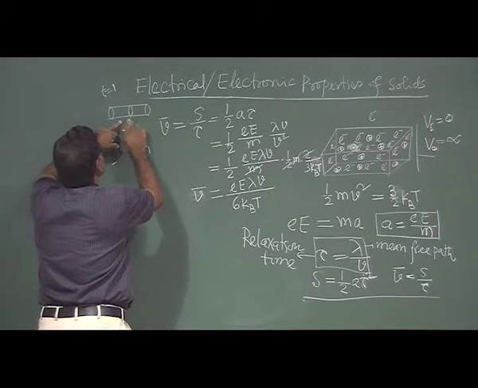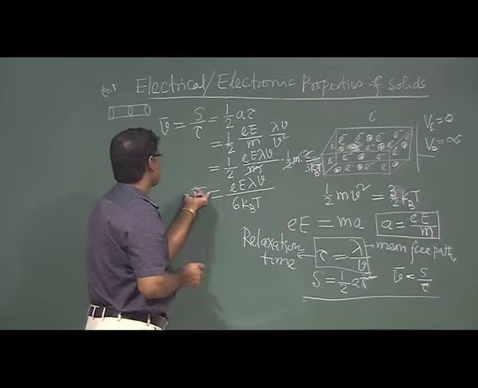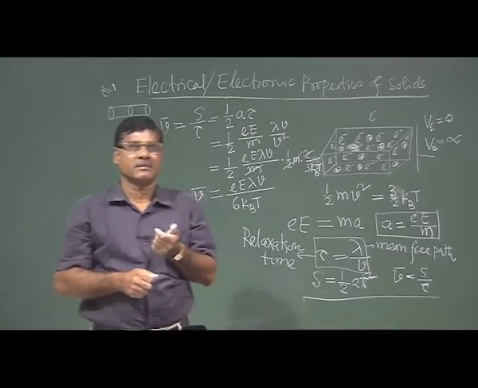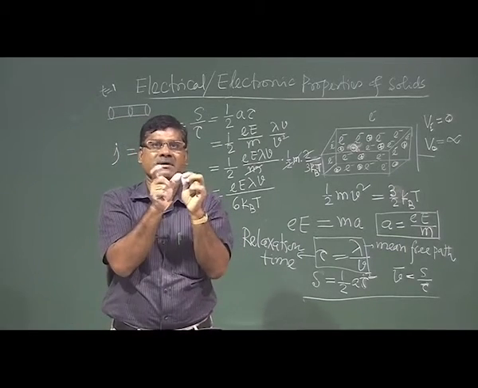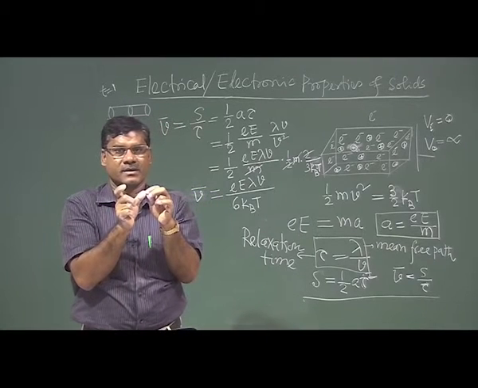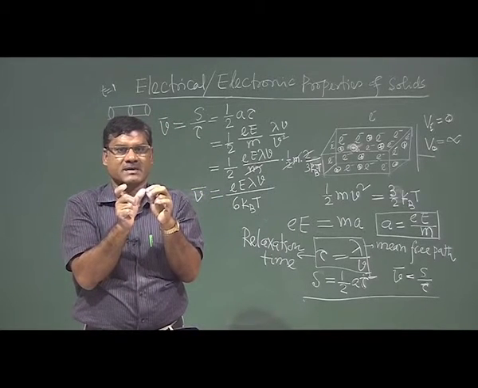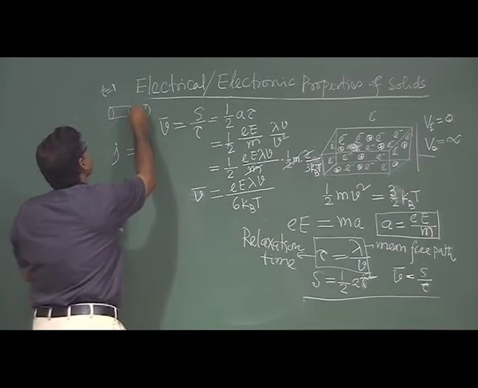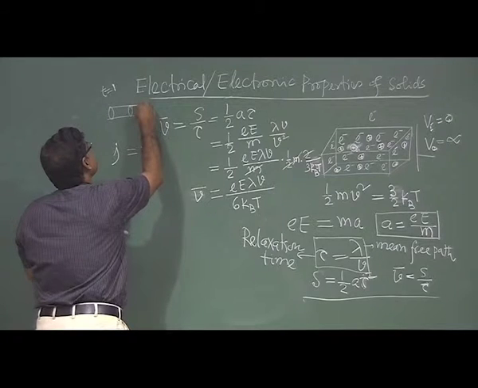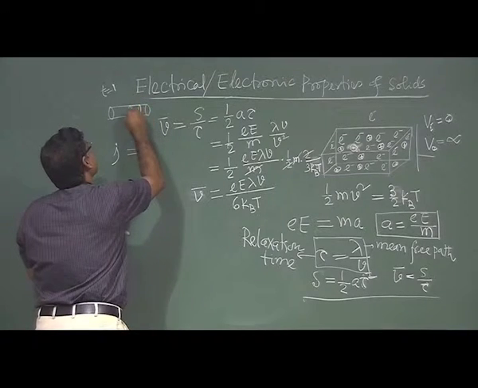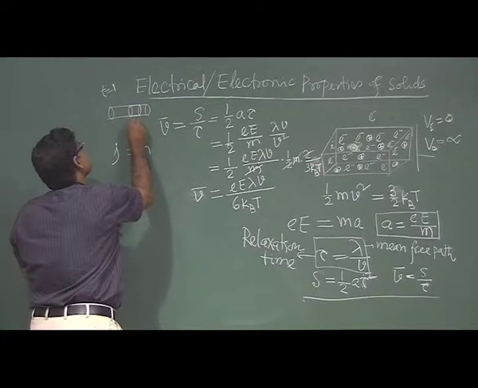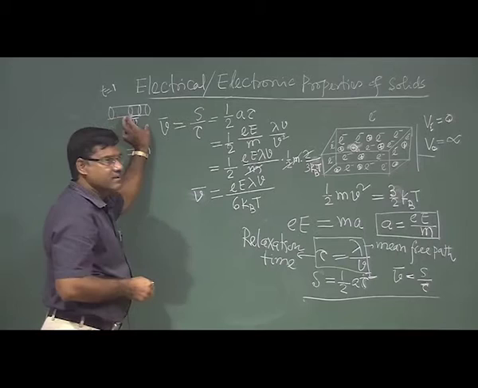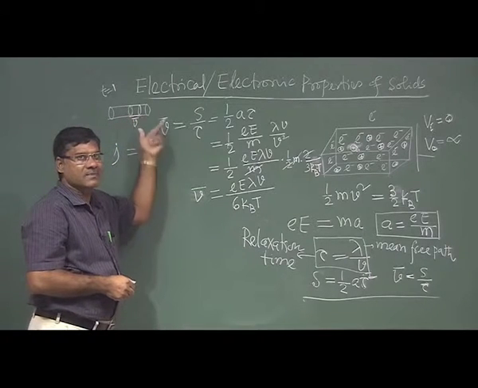Now, if the velocity is v bar, velocity is nothing but the distance traversed per unit time, per second.